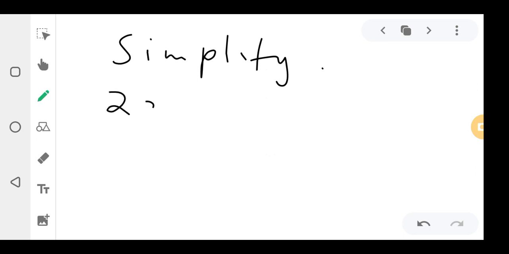Now, let me give you another type. Simplify 2x squared minus 2. Have you seen this type of questions?